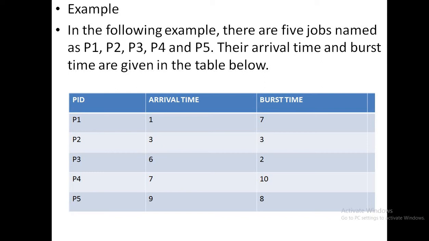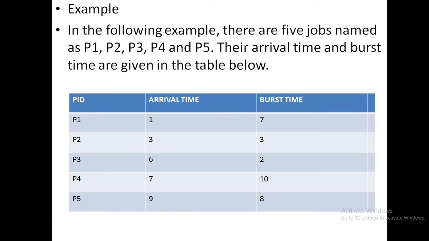Here P2 has the lowest CPU burst time, that is 3 milliseconds. That's why P2 is loaded into the ready queue after P3. P2 will execute for 3 milliseconds, so from 10 to 13 milliseconds it will execute P2.